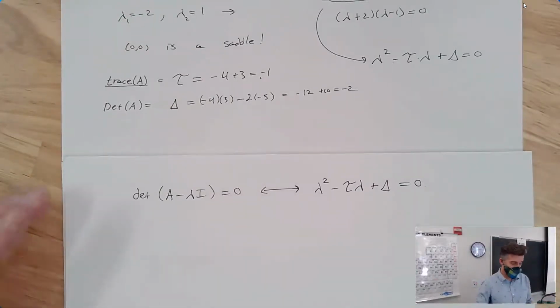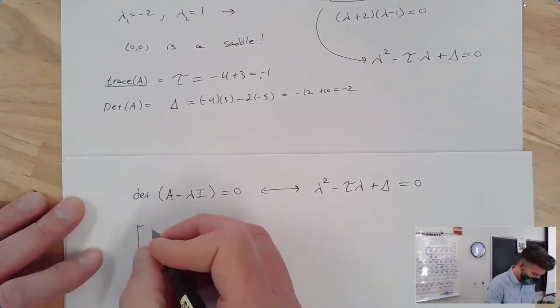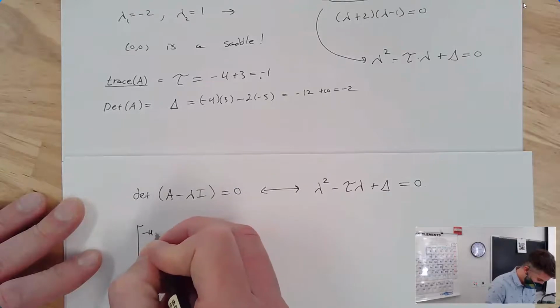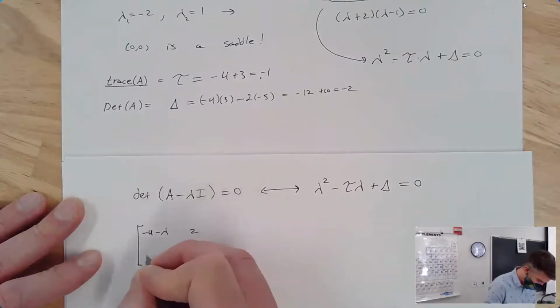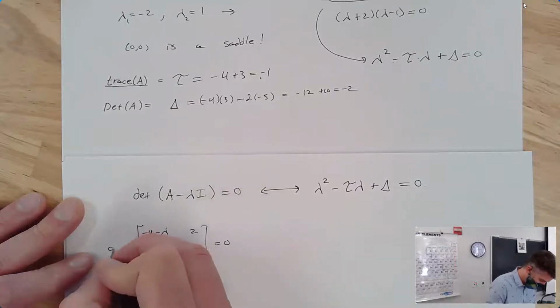In the particular example we're doing, I'm saying, okay, the determinant of -4 minus lambda, 2, -5, 3 minus lambda equal to 0. I forgot the determinant.